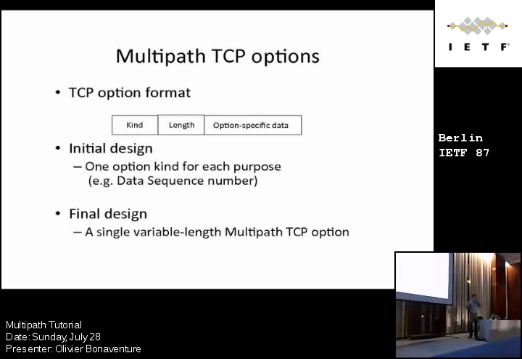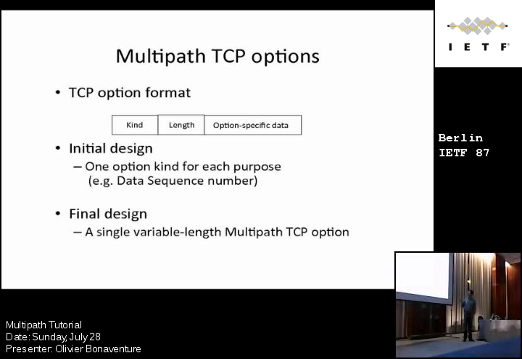At the beginning, in the Multipath TCP working group, we had one option for each purpose of TCP extension. So there was one option for the SYN segment to indicate that we want to support Multipath TCP. There was one option for the data segment to encode the data sequence number and the data acknowledgement.